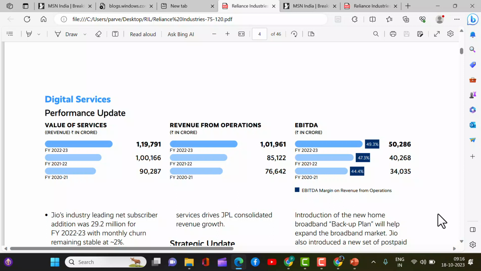When I was working at Idea Vodafone long back, we had an EBITDA margin of 25%. Earlier it was known as Idea, now it's called Vodafone Idea. And Airtel, which was one of the benchmarks for us at that time, had an EBITDA margin of 35%.